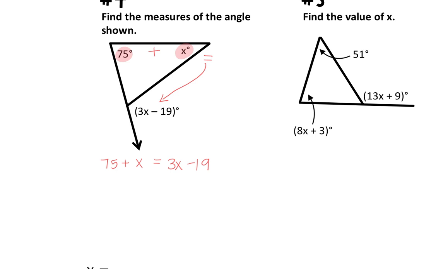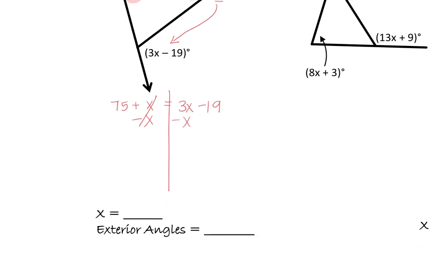Solve for x. I'm going to move the smallest amount of x's over, so I'm going to subtract x first. So 75 is left by itself, so I'm going to bring down what I can. 3x minus x is 2x. And then I have that negative 19. All right, x should be by itself on the right side, so I'll move that 19 over.